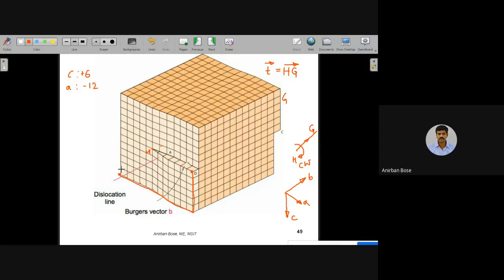Then 1, 2, 3, 4, 5, 6, 7, 8, 9, 10, 11, 12. So in the C direction, we have moved minus 12.